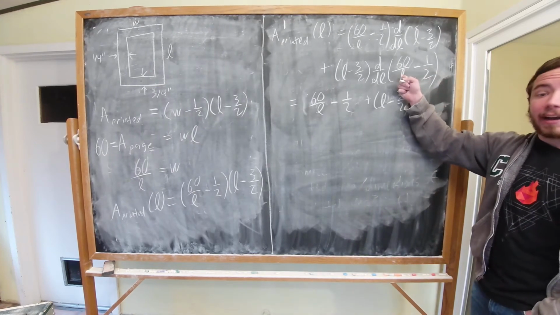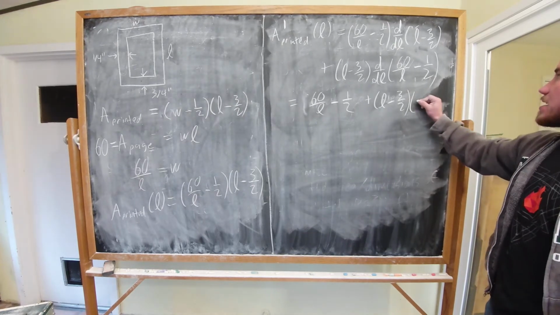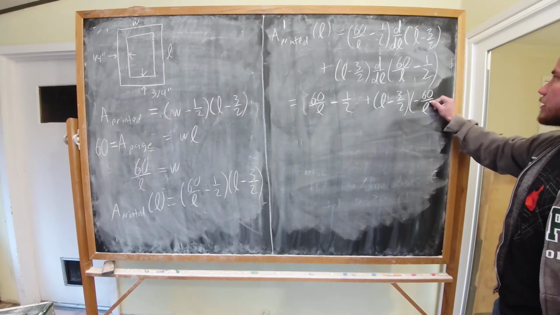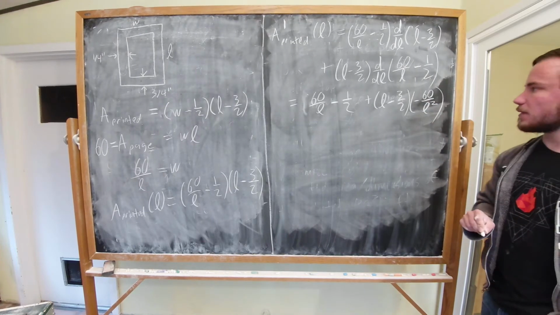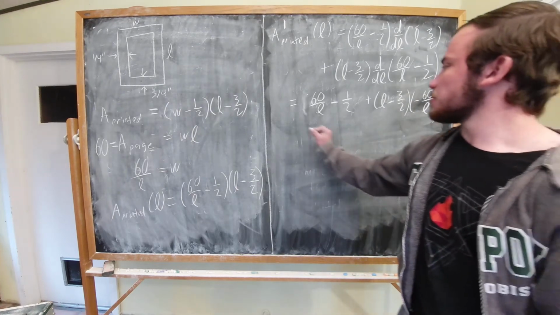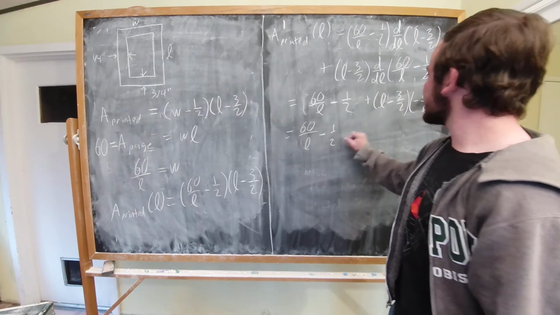That derivative by the power rule, or the quotient rule, take your pick, will be negative 60 over L squared. I guess we didn't get to escape distributing out in the end. We're left with 60 over L minus 1/2.